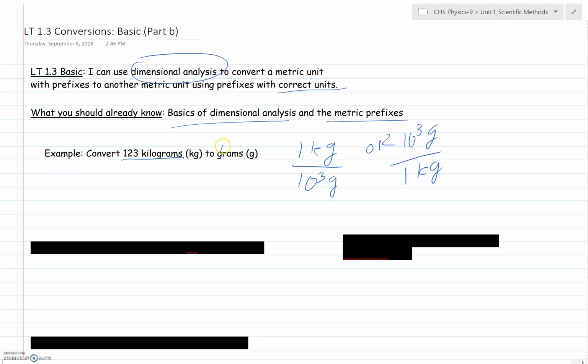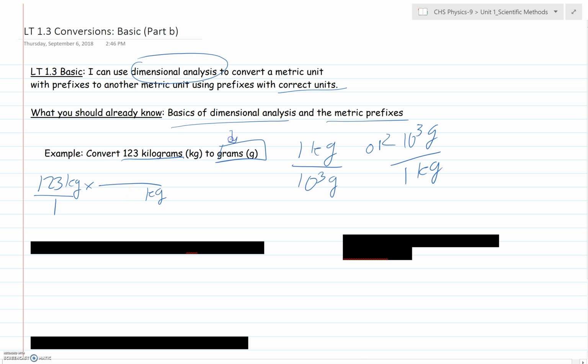All right, so we're going to start with what we're given, which is 123 kilograms, and we know that we're going to try to find grams in the end. Again, I underline what I'm given, and box in what I'm looking for. So I'm going to write my 123 kilograms here. Then I'm going to multiply it by a ratio, and on the bottom of the ratio I want to have my kilograms here, because the starting number can go over 1, so this guy over here can go on the bottom and they'll cancel out.